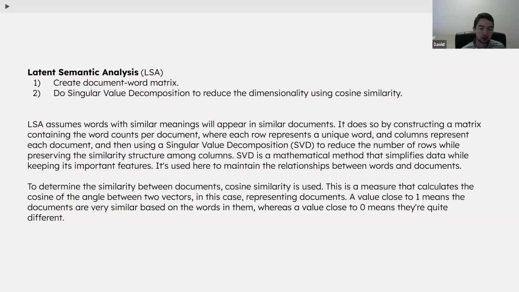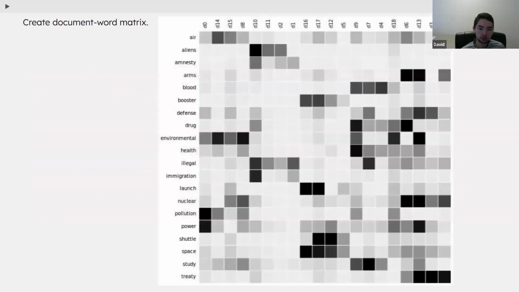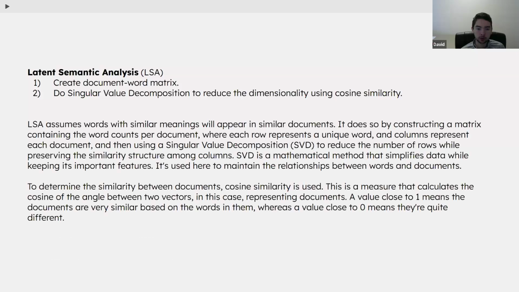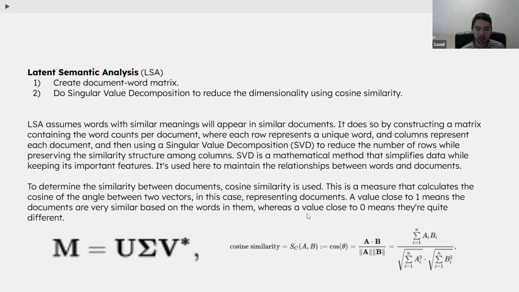When comparing the similarity of documents, for example, how similar is D9 to D6, we can use cosine similarity, which we have a formula for on the slides back here. Basically, we can take the count of each word in each document.